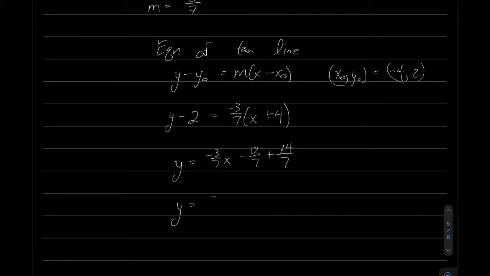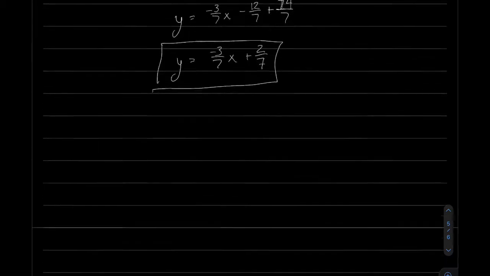So y is equal to -3/7 x plus 2/7. And that is the equation of our tangent line. Now let's go ahead and look at the concavity.